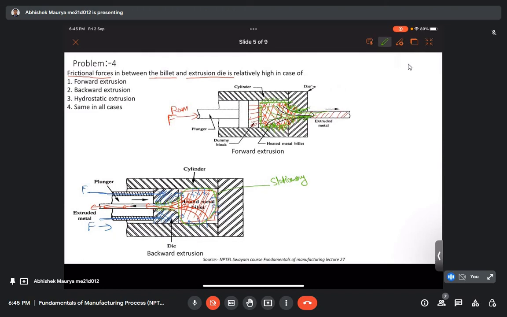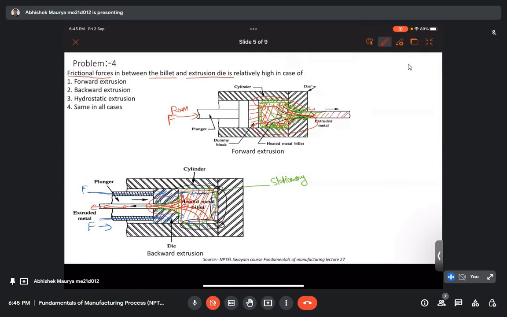So these are the only regions where relative motion is taking place between the billet and the die, whereas the other portions like these portions are in contact with the die container but they are not moving, so frictional force will not be active in those regions. So only frictional force will act in this region and in this region, whereas earlier it was a very large region of frictional forces.